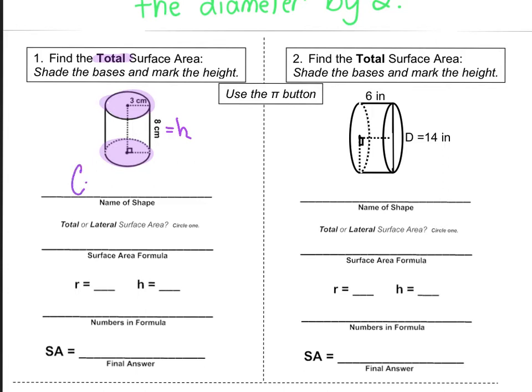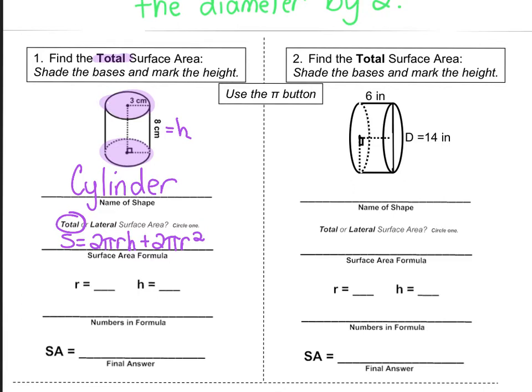We are going to name them. Should be pretty easy for all these. They're all cylinders. We're going to circle which one we want, total or lateral, and we've only learned about total so far, so that's the one we want. And we want to write the formula, which is 2 pi rh plus 2 pi r squared.